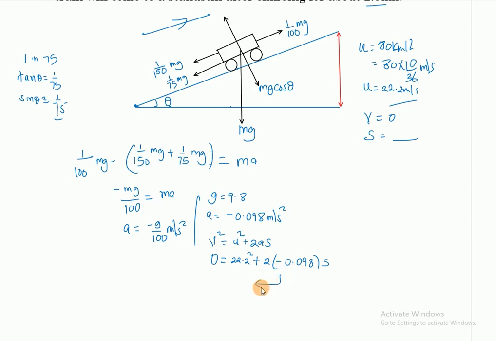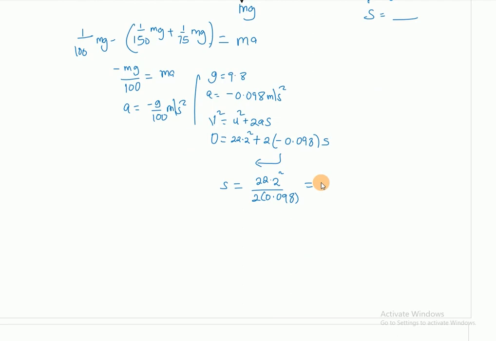We shall take this one to that side, and we have that s is equal to 22.2 squared divided by 2 times 0.098, and this is going to get us 2514.49, and this can be written as 2.5 times 10 to the power 3, that is in meters, which is approximately 2.5 kilometers.